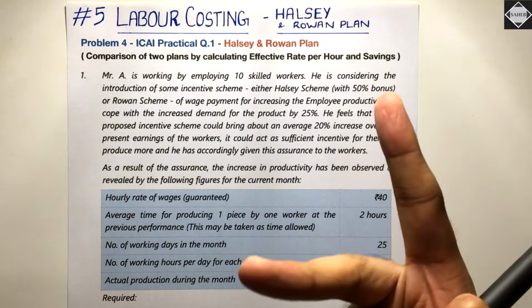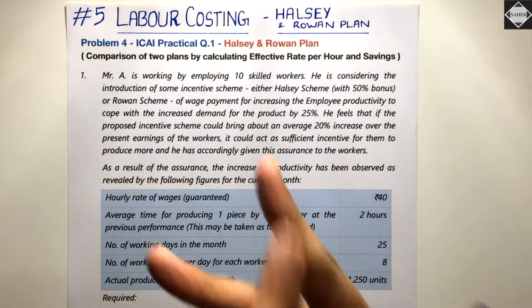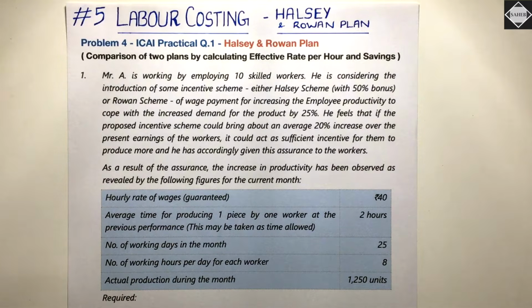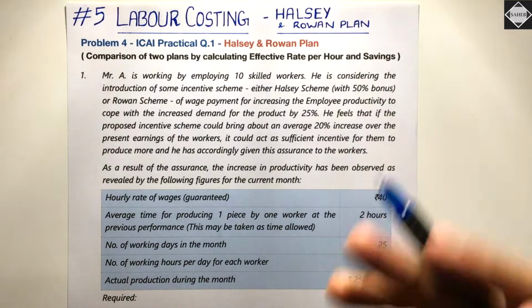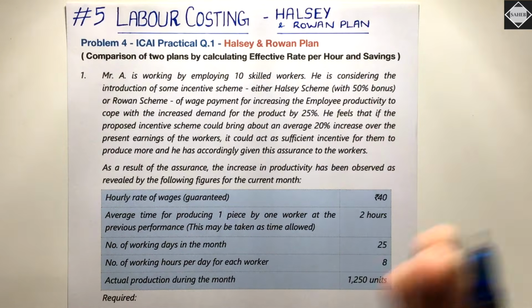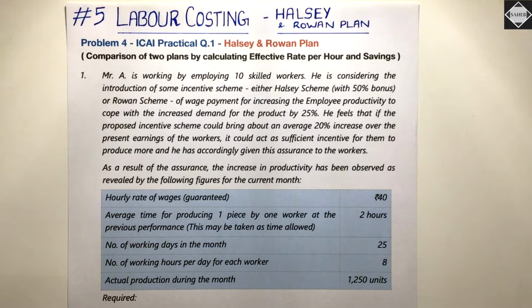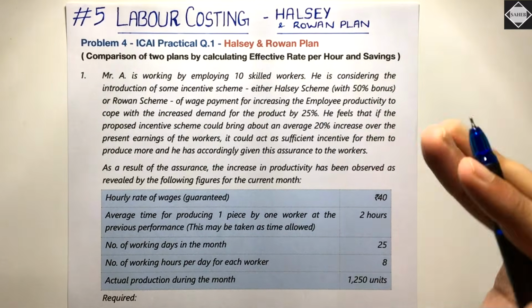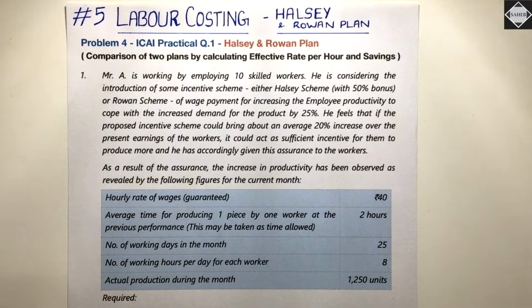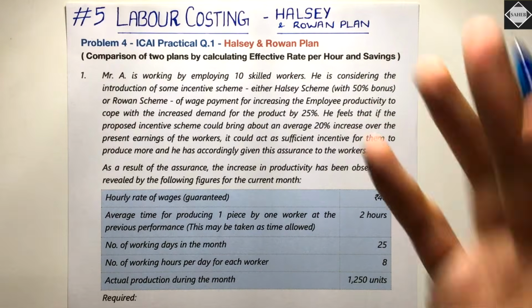He has two options, either Halsey or Rowan. Why is he choosing an incentive scheme? Because there is an increased demand for the product by 25%. Now this is irrelevant information; we don't need to know by how much the demand is increasing. It is just the reason he is adopting an incentive scheme to increase employee productivity, so that workers can work faster if they get a little extra money.